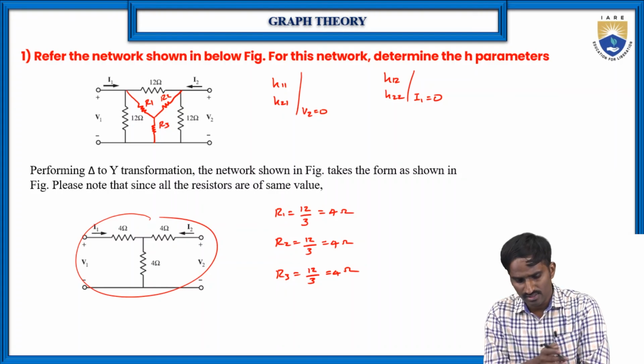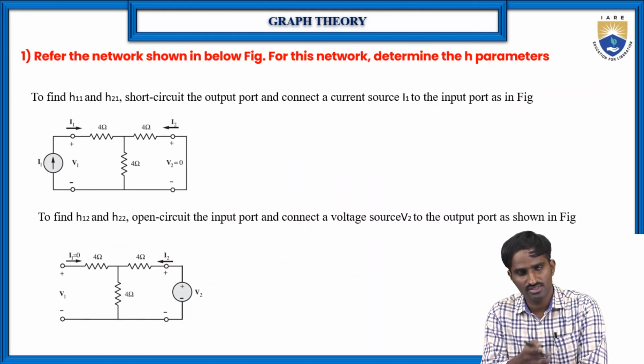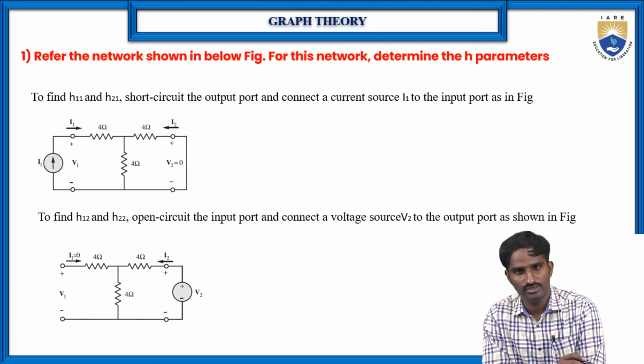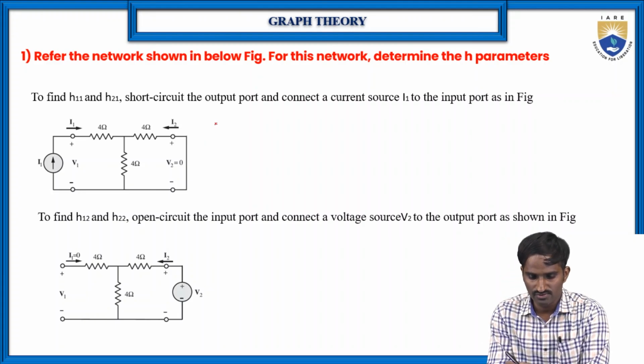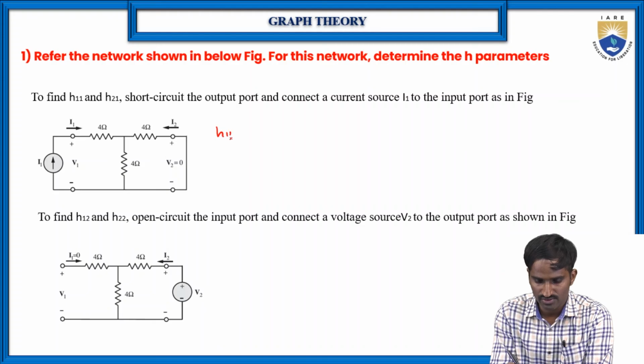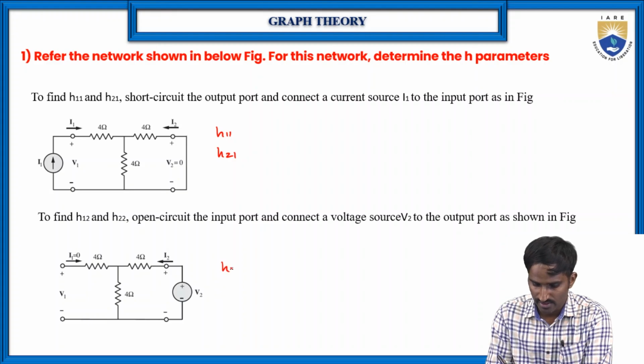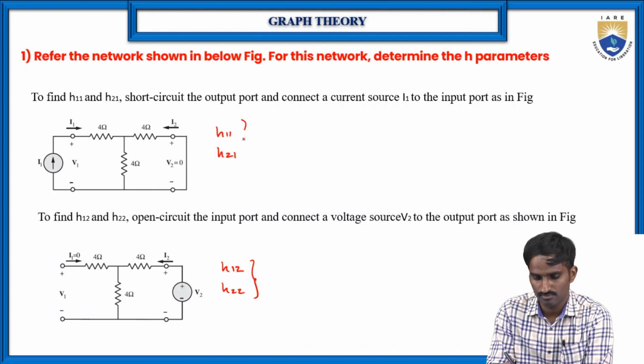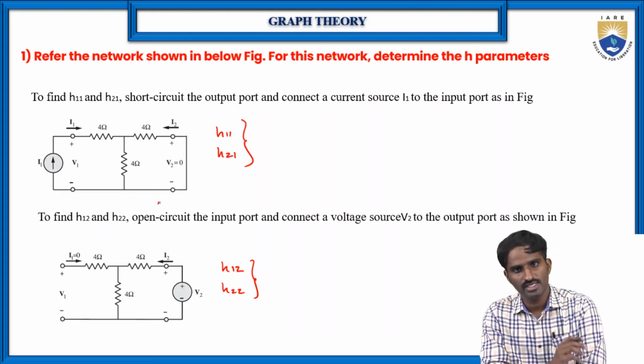For your reference, I have also drawn the circuit. For this circuit we can find H11 and H21, and for this circuit we can find H12 and H22. Here also it is the same way.